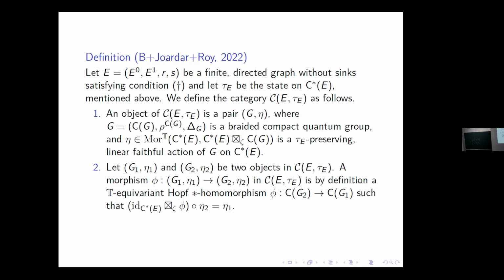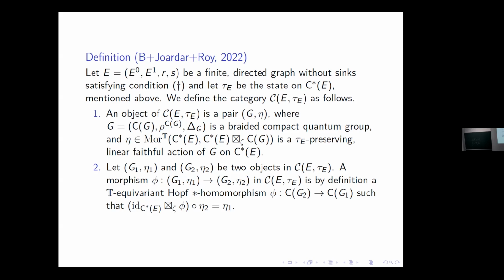Yeah. A very naive question from the categorical point of view. So the condition one, you have some braided quantum group. So it's a quantum group in some braided category, but your original graph system algebra is supposed to be an object in this category too, right? It's a T-system algebra, yes, with the generalized gauge action.